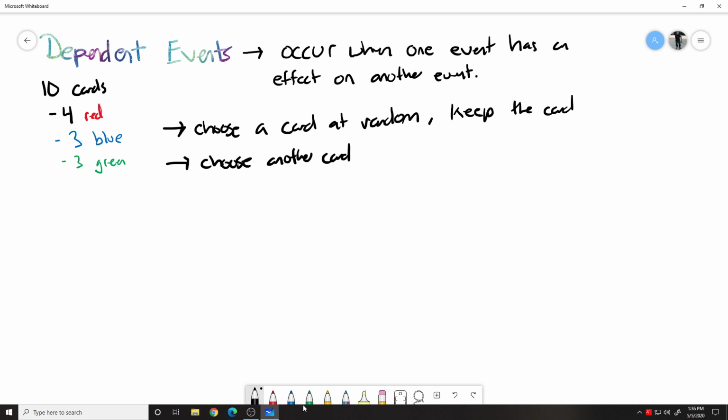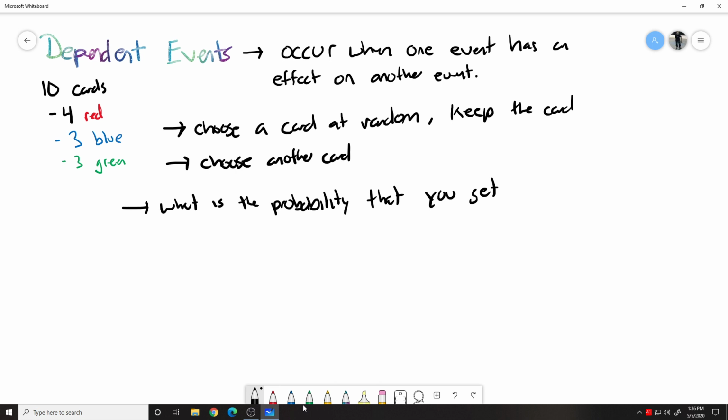Let's make up a scenario. Let's pretend the blue cards are the ones that are really awesome.